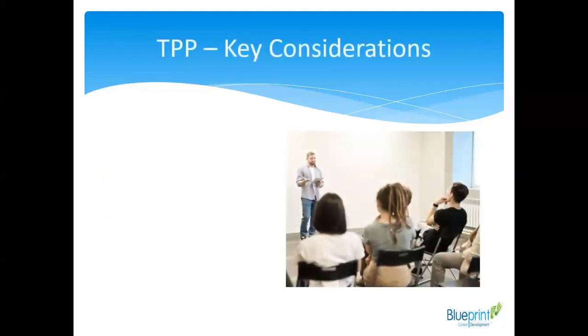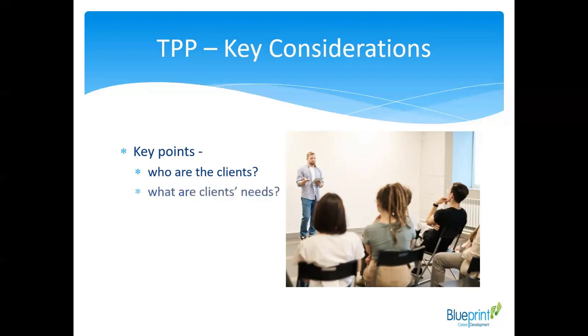Key considerations for our training program proposal include things such as who are our clients. They could be our target learner group, individual learners or candidates for assessment, but they could also be commercial businesses, not-for-profit organisations, or government departments or agencies. Also, what are the client's needs? The individual needs to consider could be the industry or vocational focus of the training. The purpose for training and assessment, that is what skills or knowledge needs to be developed and why.